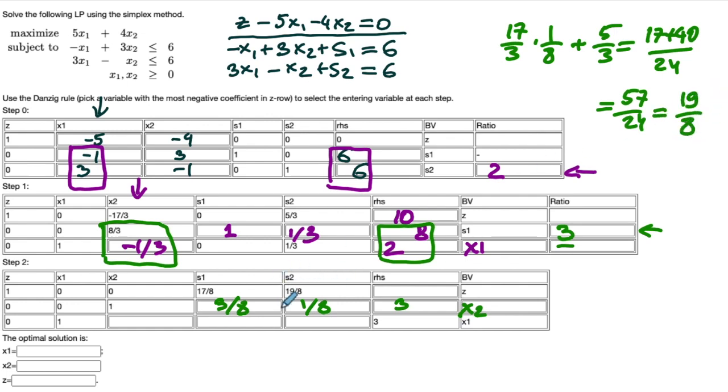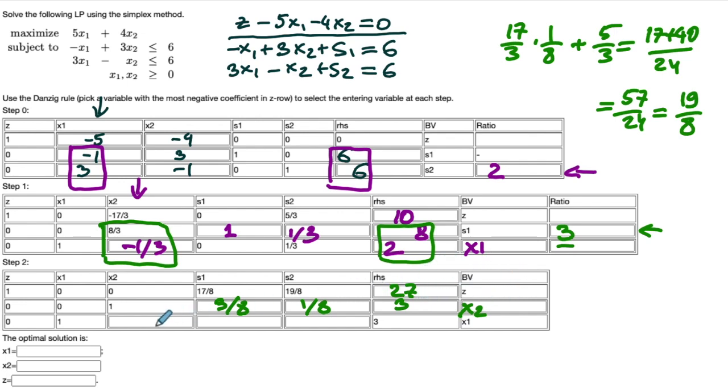Alright, so we have 19/8 here, correct? And finally, to obtain the right hand side for row 0, we need to multiply 3 by 17/3 and add it to the previous right hand side in row 0. 17/3 times 3 is 17, plus 10 is 27, and we completed row 0.